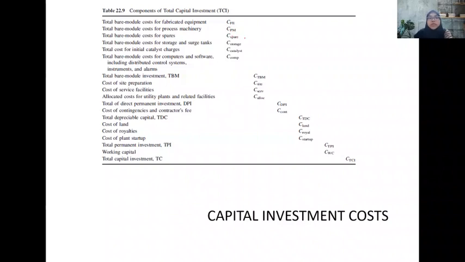For the spare we have C spare. So C is the cost. So TBM is the total bare module investment. Okay, we are going to refer to this bare cost if we do not have any reference or diagram to refer to for estimating the purchase cost. Okay, I will show you the example later.